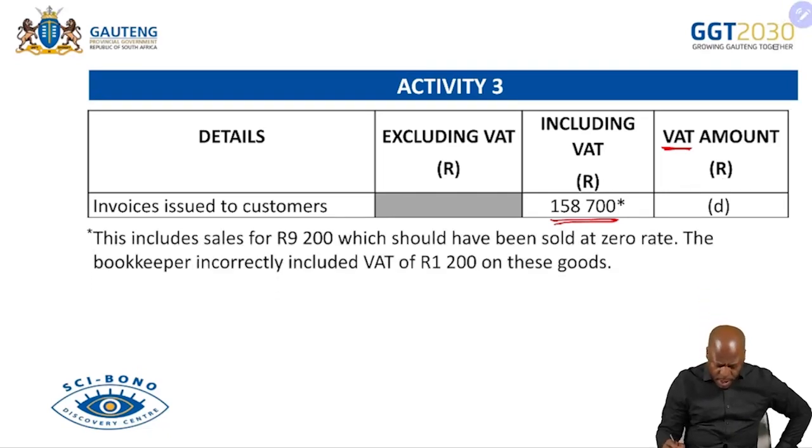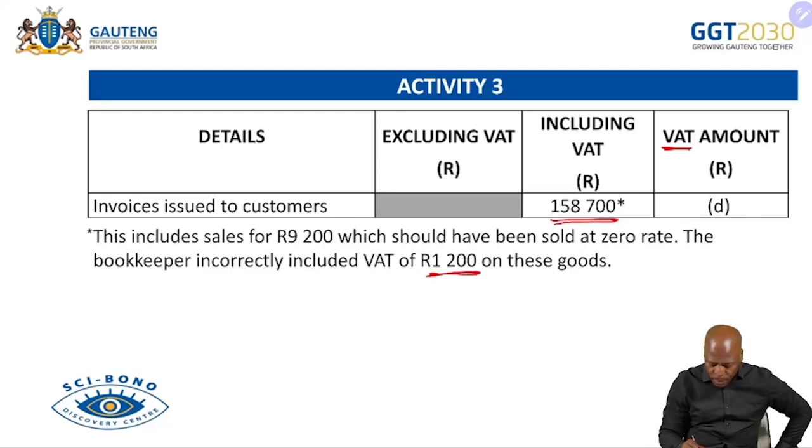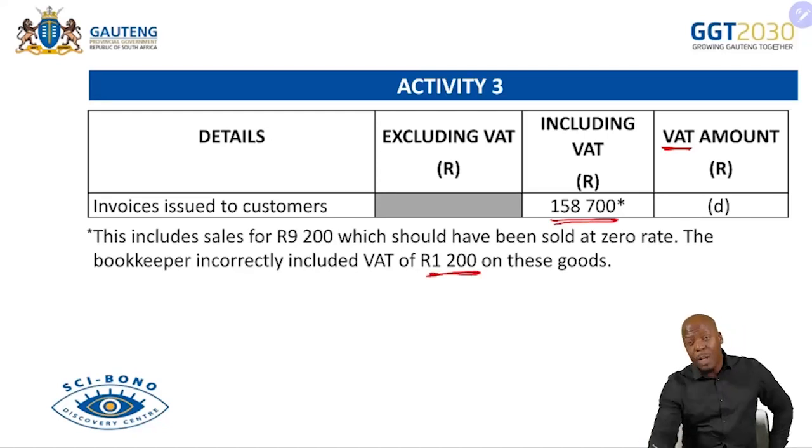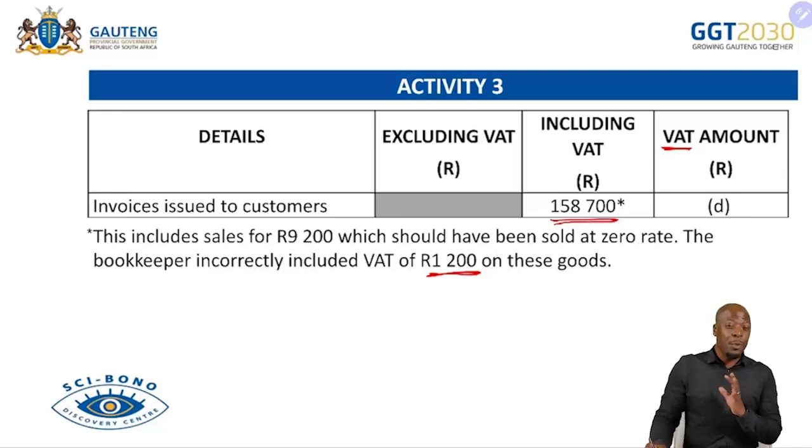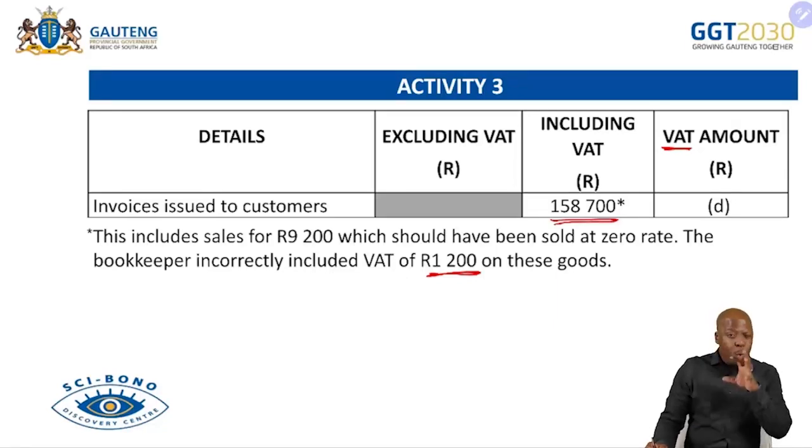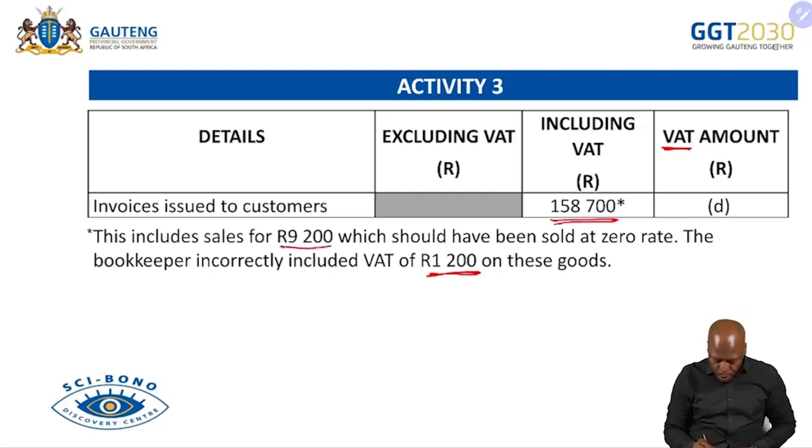It says that 158,700 includes sales of 9,200, which should have been sold at a zero rate. The bookkeeper incorrectly included a VAT amount of 1,200 on these goods. Here, the examiner wants you to pay close attention. In the 158.7, it includes a sale of 9.2.